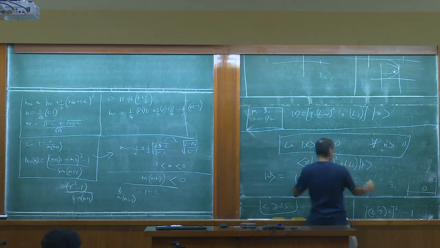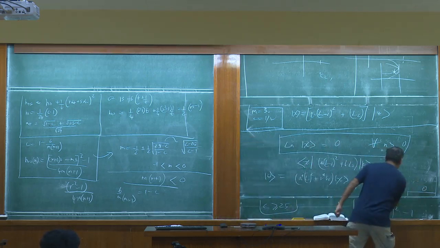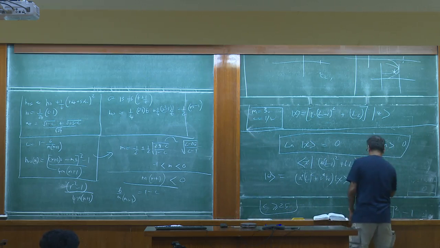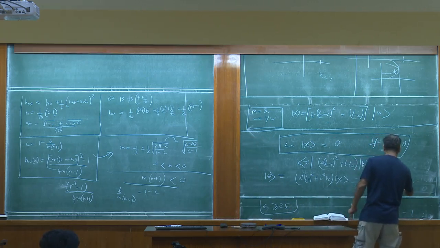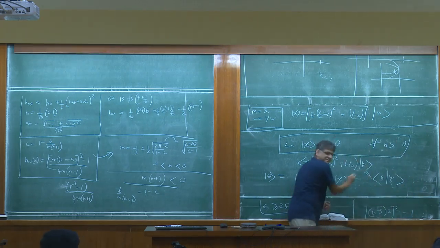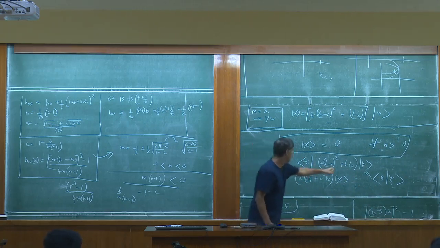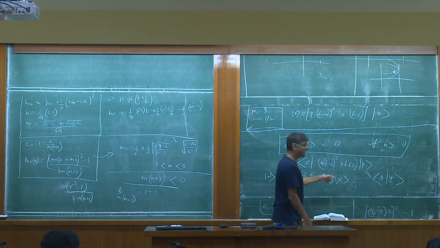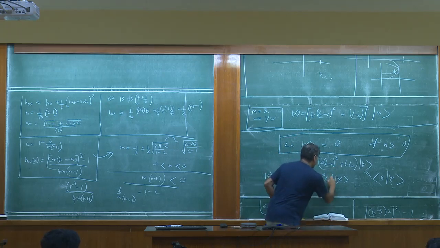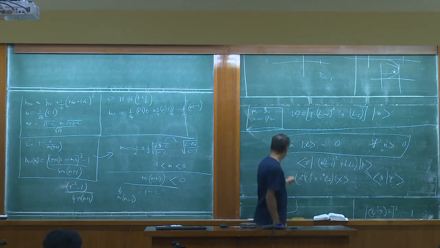Then this is the same as theta psi, just by taking these into that. But we have claimed here that this chi state, whatever it is, is annihilated by all positive L's. So this is 0.